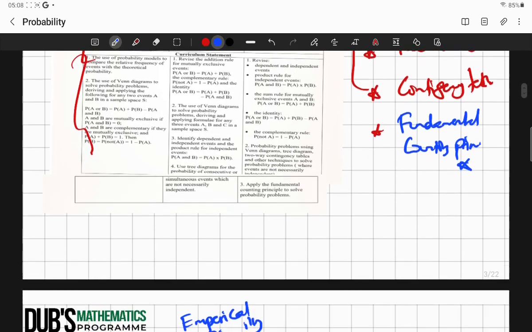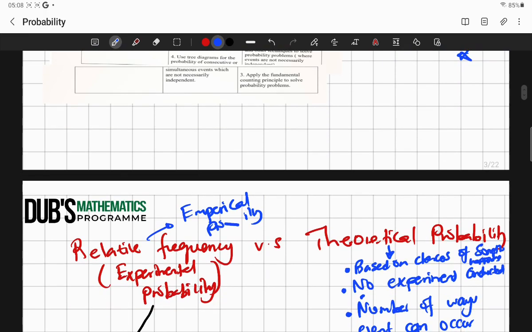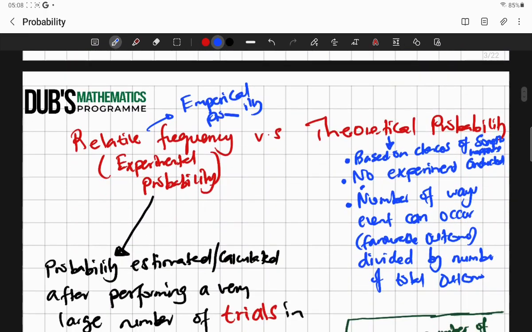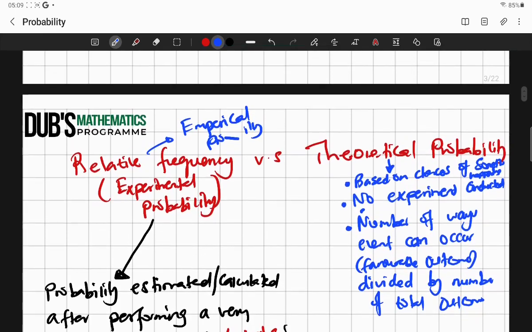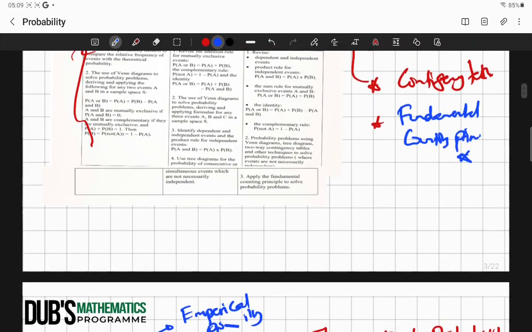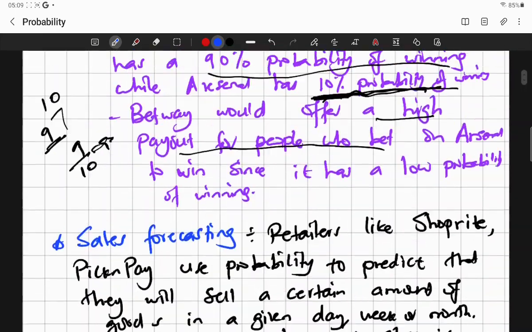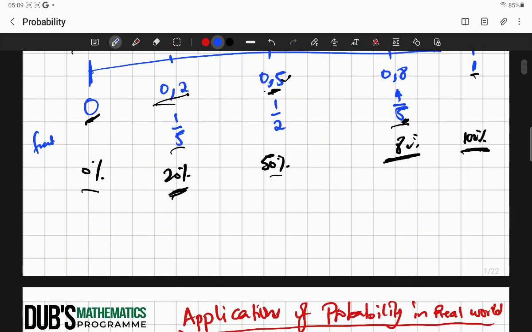It's a very easy topic to grasp. So we'll first look at getting the probability. For example, maybe there are 50 learners in a classroom, and out of these 50, 30 of them are girls, 20 of them are boys.